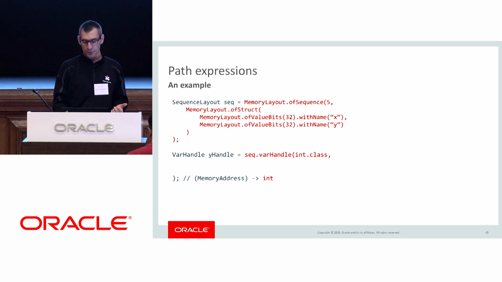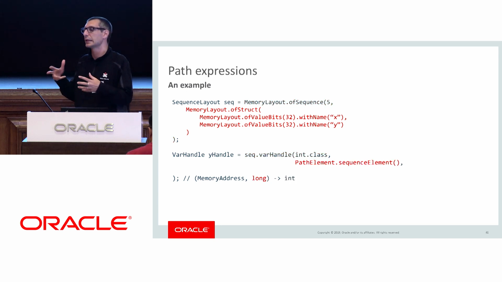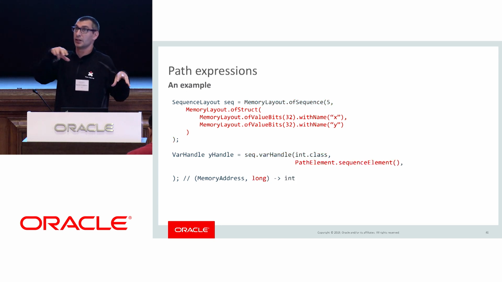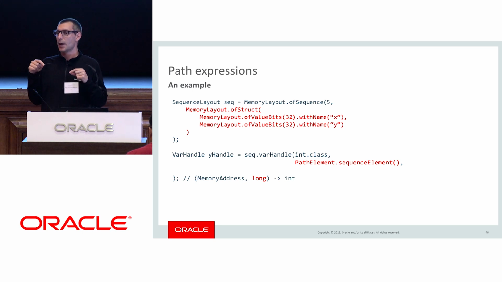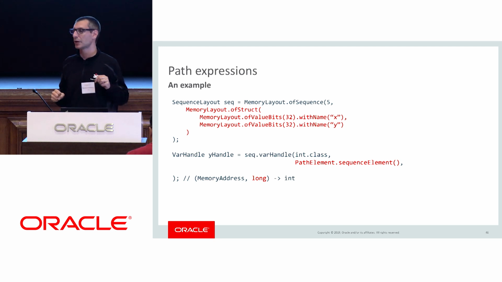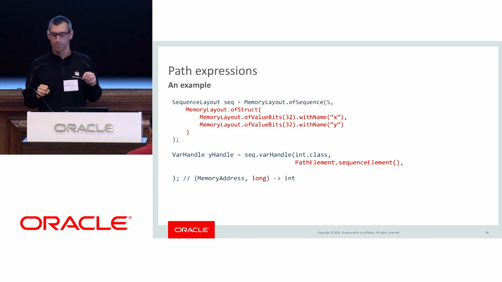So I need to start specifying bits of my layout path. So from the sequence, I need to select the sequence element. And since I'm not specifying any index inside the path expression, I'm basically leaving the sequence element unspecified, which means that my variable will acquire an extra coordinate at runtime.